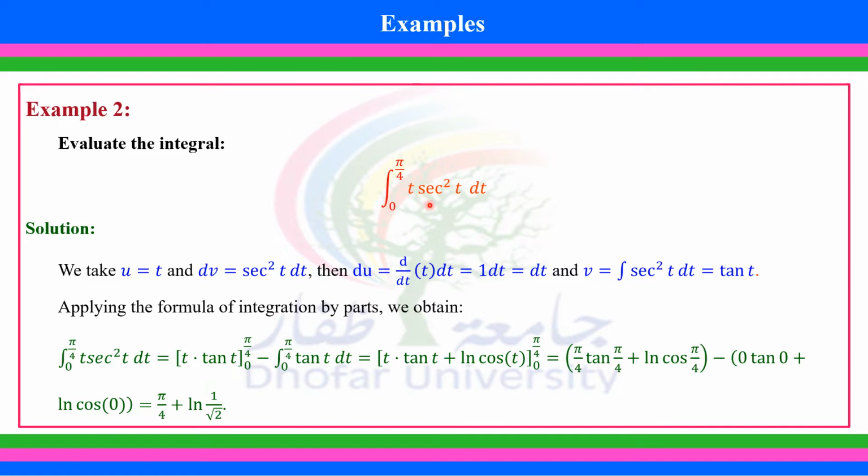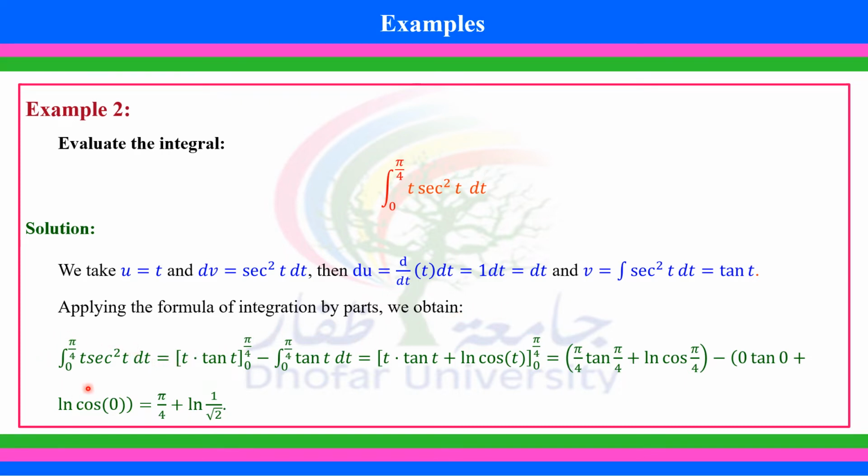And if we choose dv equals secant square t dt, then integrating secant square t dt gives tan t, which is v. So u is t, v is tan t, du is dt, and dv is secant square t dt. Having these four quantities, we can apply the formula of integration by parts.